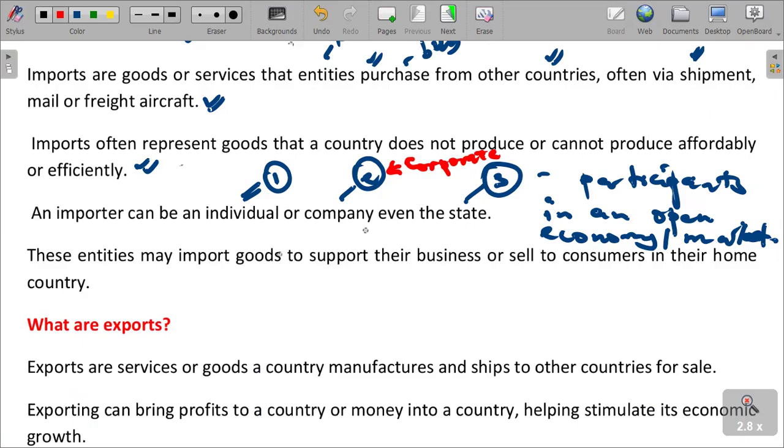Reasons for that can be to support businesses, or to sell to consumers in their home country.